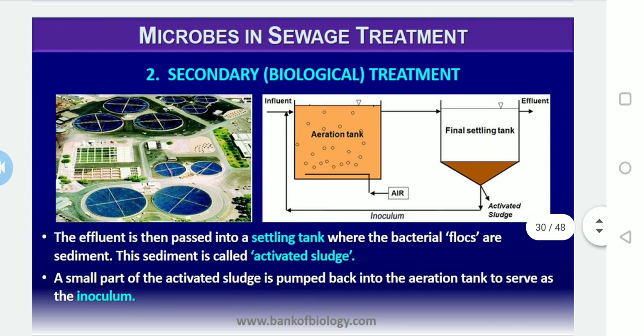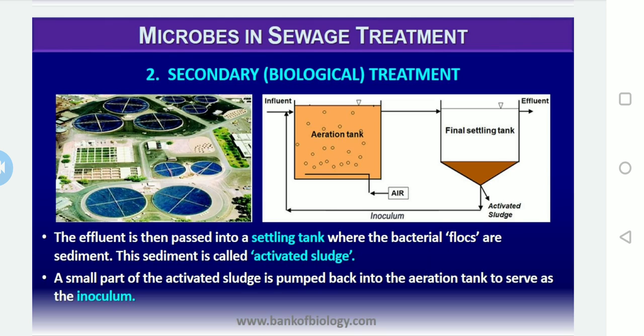So this is what I have observed. Once the BOD of the sewage reduces significantly, the effluent is then passed into the settling tank where the bacterial flocs are allowed to sediment.